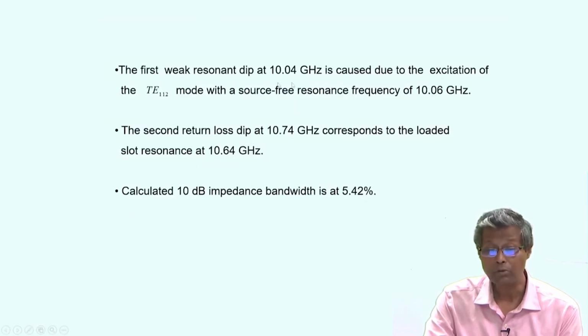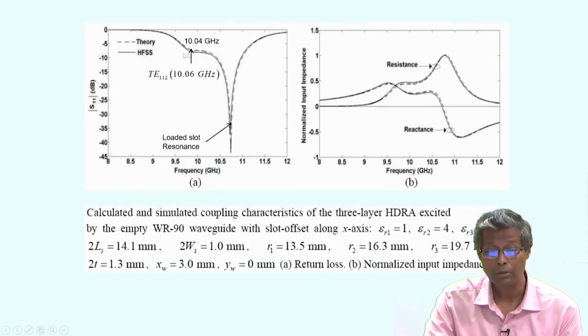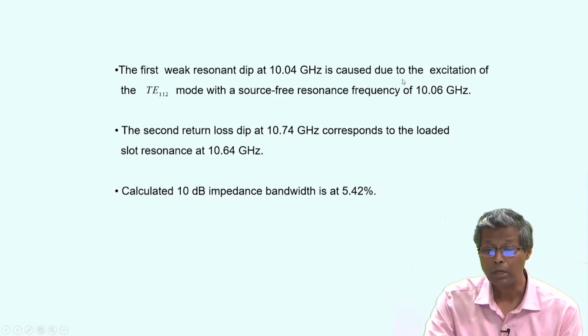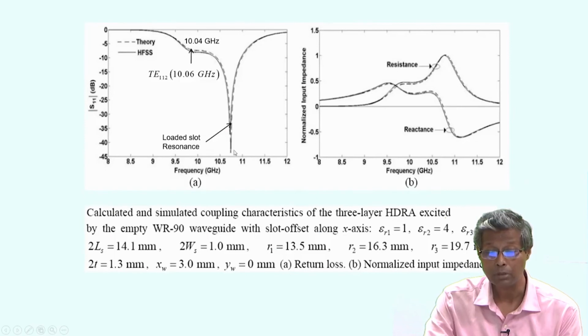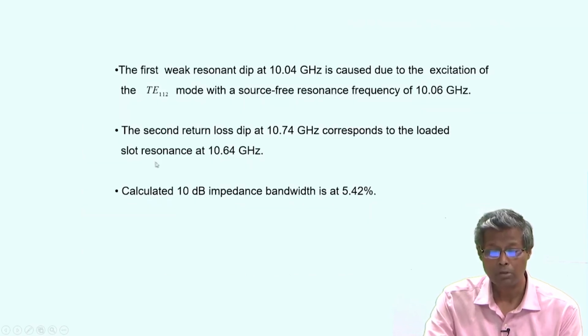The first weak resonance dip at 10.04 gigahertz, which is the T112 resonance, is caused by the excitation of the T112 mode with a source free resonant frequency of 10.06 gigahertz. The second return loss dip at 10.74 gigahertz corresponds to the loaded slot resonance at 10.64 gigahertz.